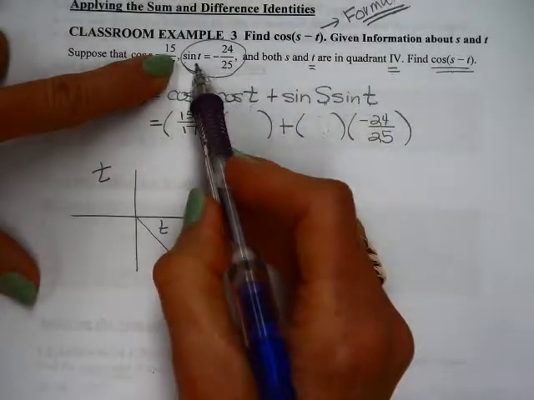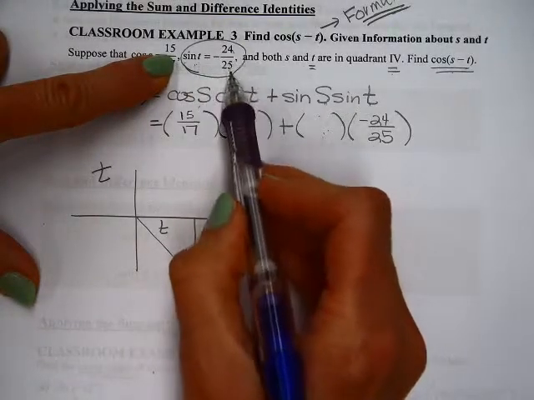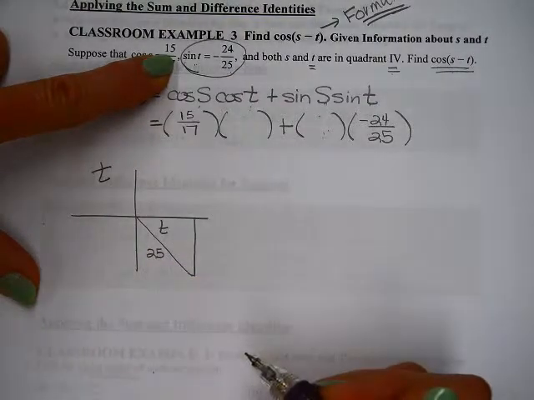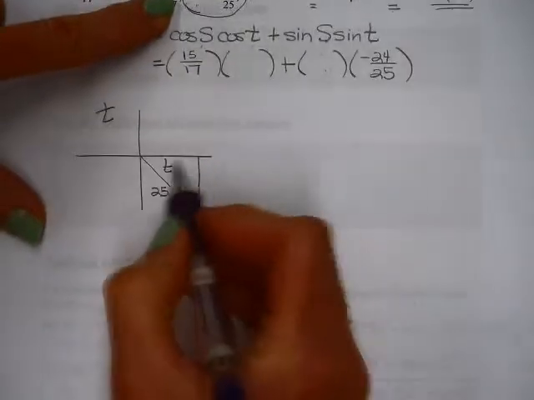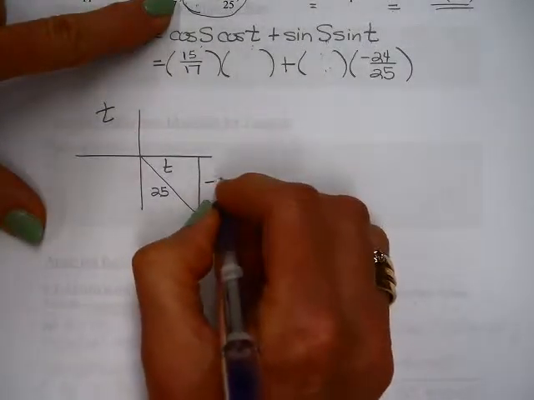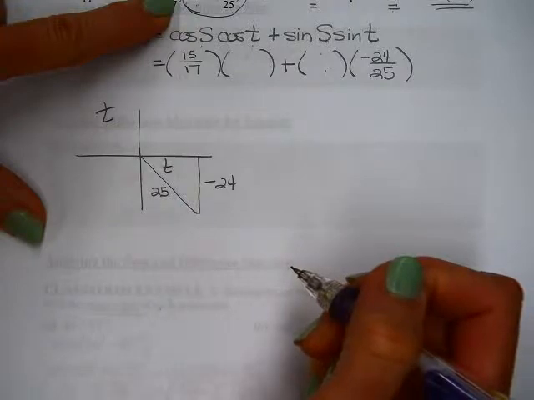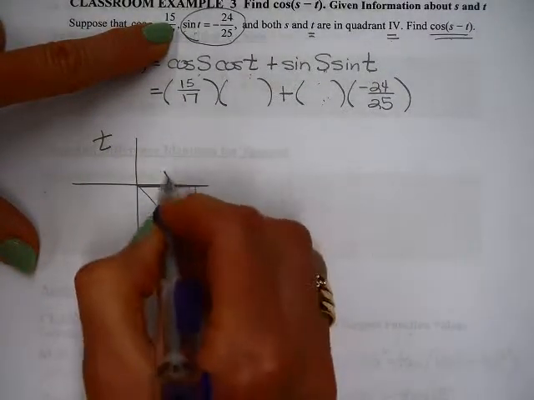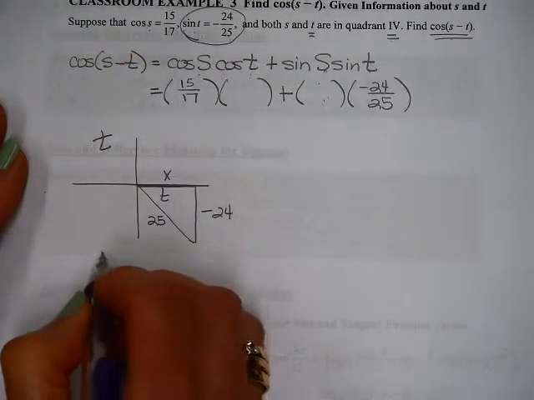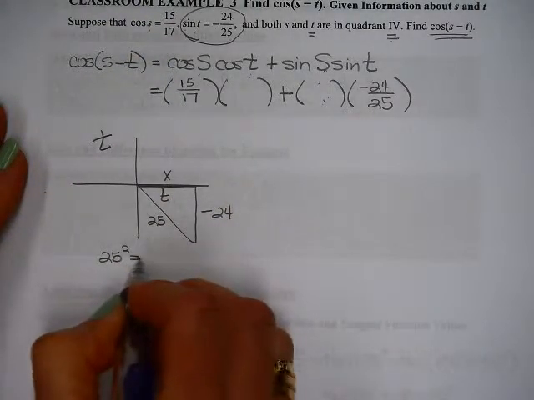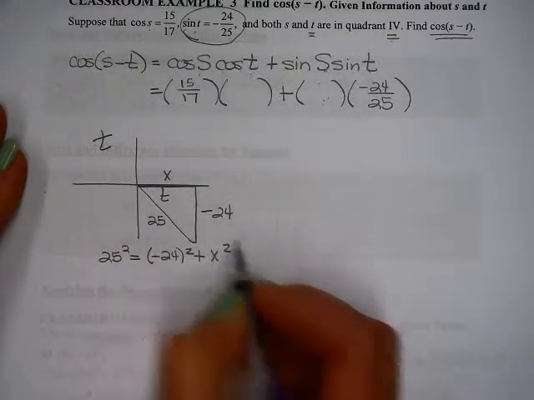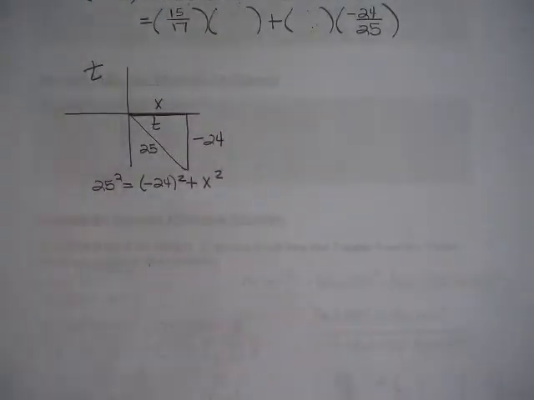We know that the sine of this angle is negative 24 over 25. I know this is my hypotenuse, it's 25. Where is the negative 24? It is going down, right? If I want the cosine of this angle, I need x. And you're going to use the Pythagorean Theorem. So 25 squared is negative 24 squared plus x squared.